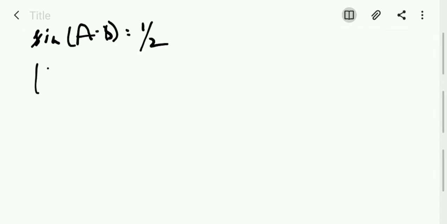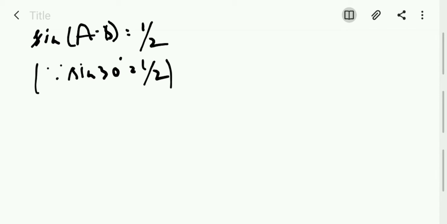As we all know, sine (a minus b) is half, isn't it? Now, since we have derived the values for the trigonometric ratios, if you go back and look into the chart, for sine 30 degree the value is half.